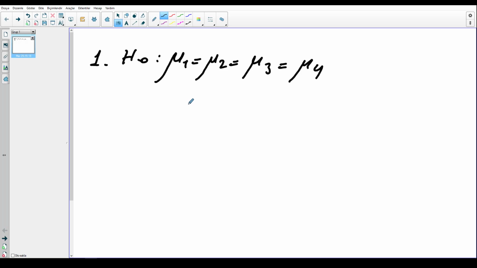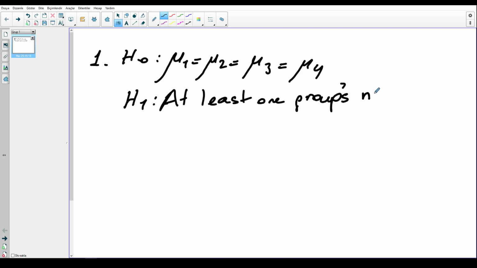Of course, sample means are different, but if we don't reject H0, we will say that for the population, differences are not significant. H1 is the alternative hypothesis. We should write a sentence here: at least one group's mean differs. At the end, we will choose one of them.